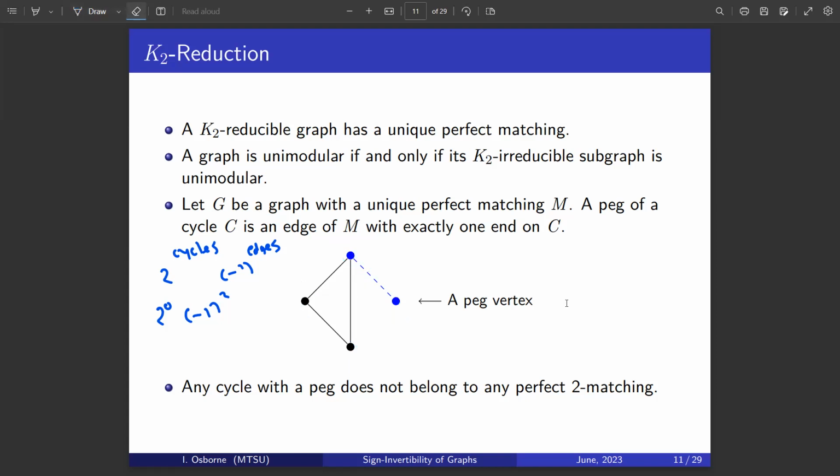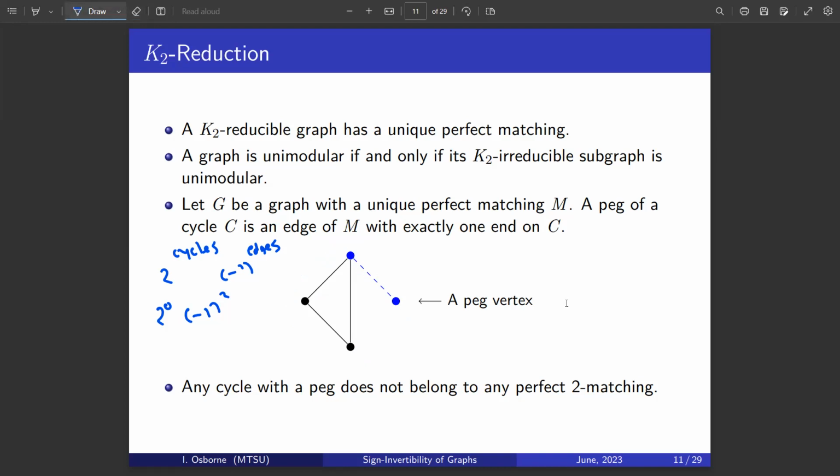If we try to go further and match this cycle, then we've isolated this one vertex out here. And when you isolate a vertex, that makes the determinant of the whole graph 0. So this one turns out to be unimodular.